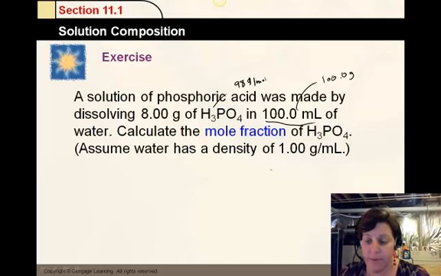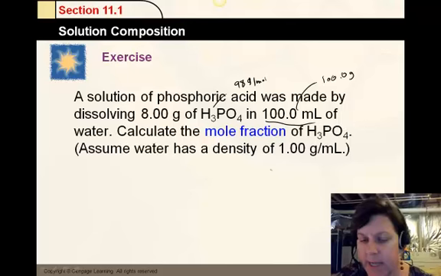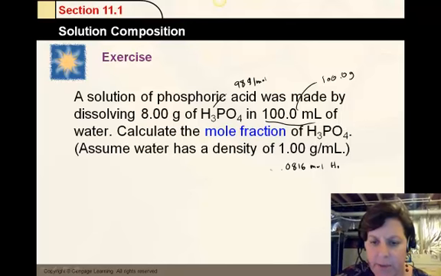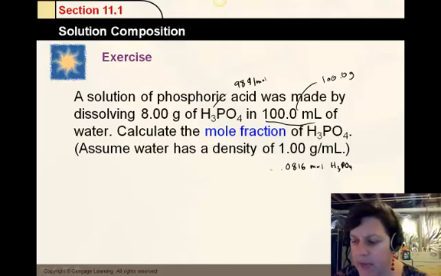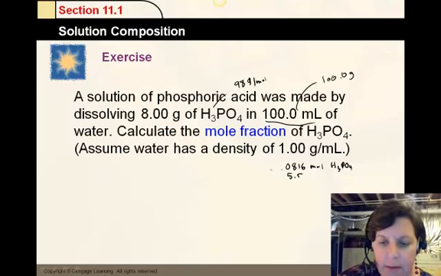I'd convert them both to moles, and when I did, I actually got, for phosphoric acid, 0.0816 moles of H3PO4. I would then convert water, and I got 5.556 moles of water.